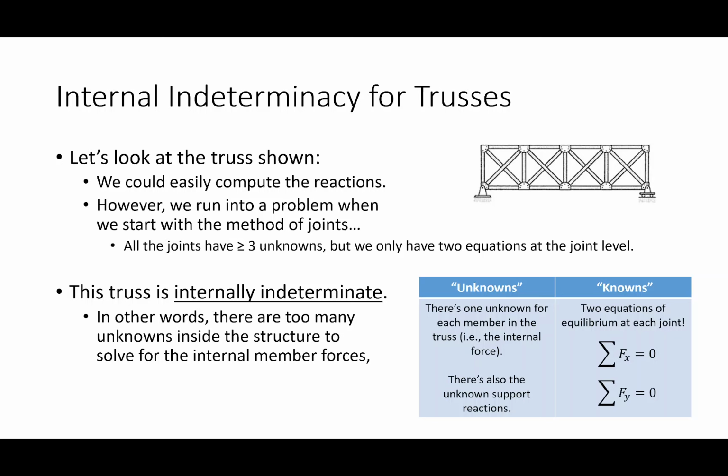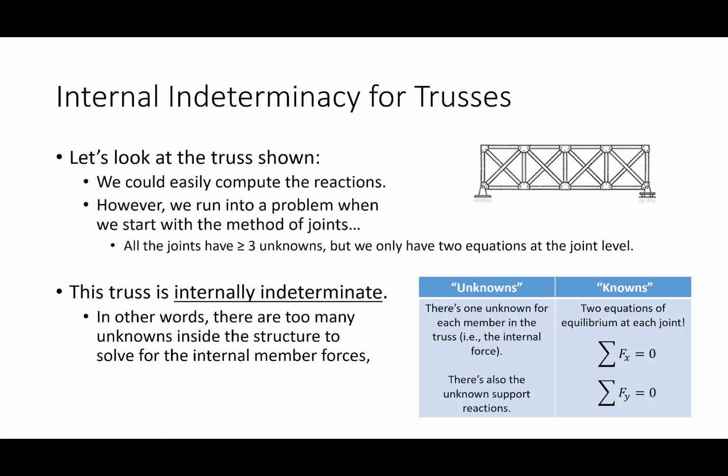So let's think about it like this, okay? Let's see if we can derive maybe an equation for I sub t, a truss indeterminacy, okay? So we've got the number of unknowns minus the number of knowns. So let's start with the knowns first. So I propose for every joint, there are 2 known facts about each joint, right?